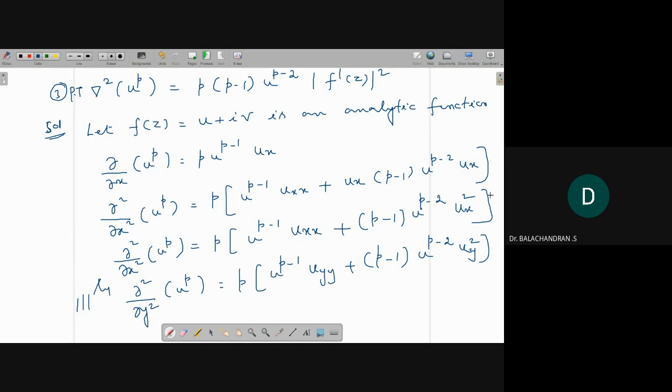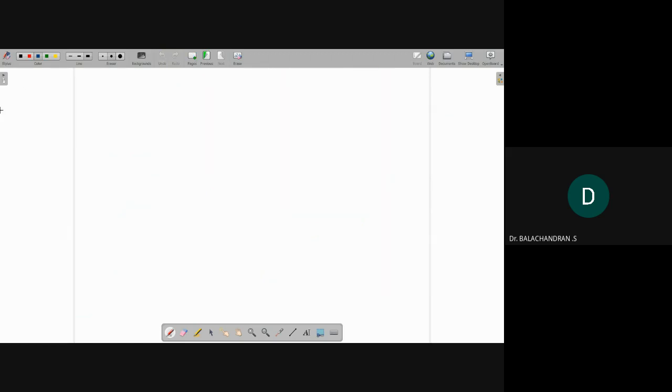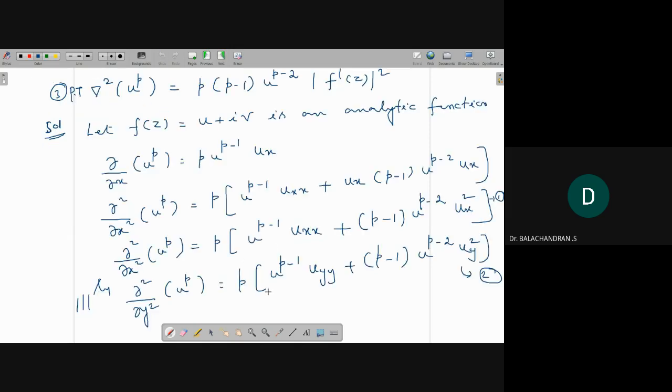You call this 1, you call this 2, adding 1 and 2, the left hand side is dou square by dou x square plus dou square by dou y square of u power p. So if you add these two, first I am adding this.